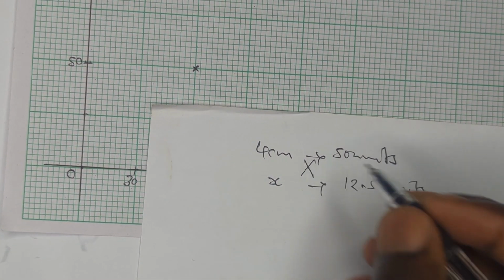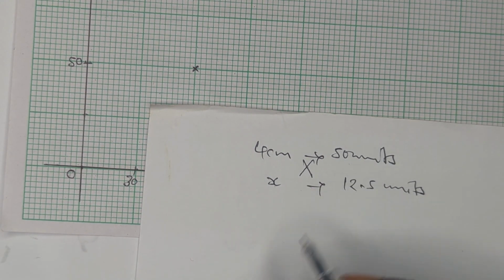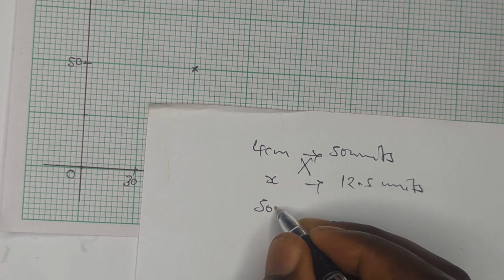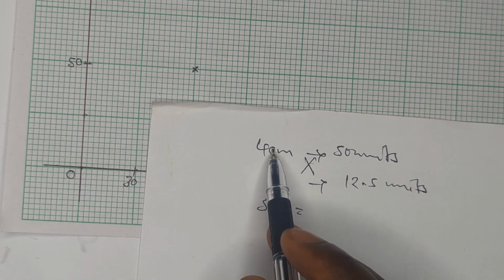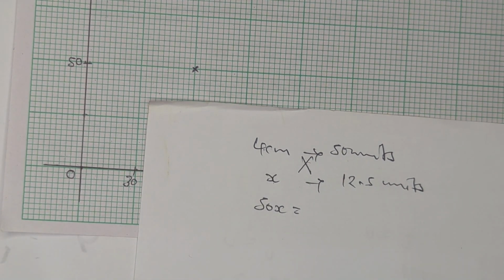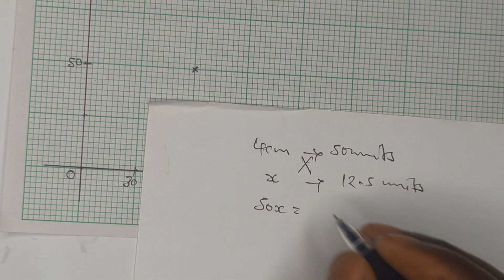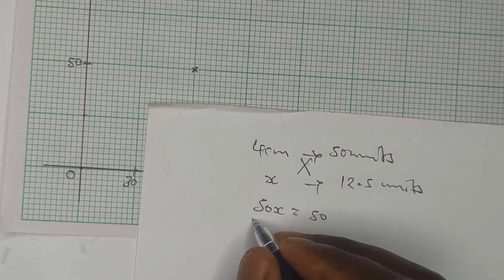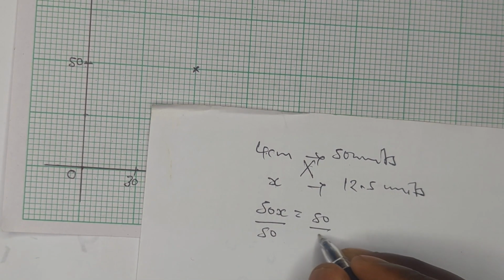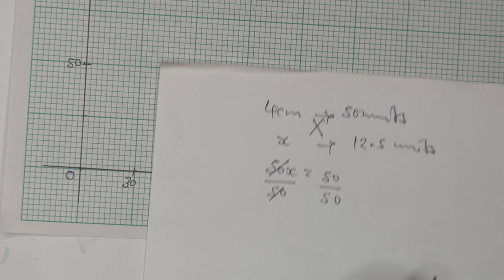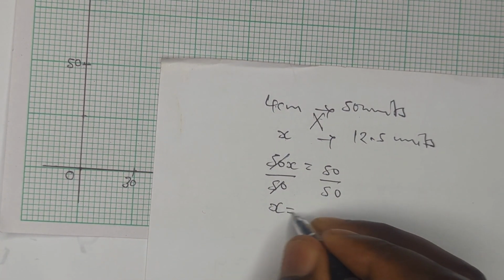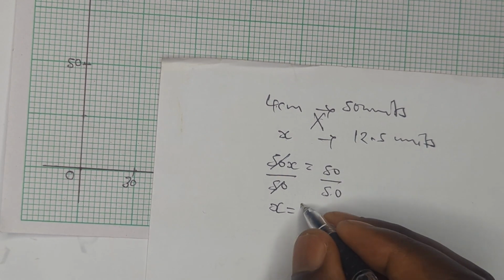So we cross multiply: 50x is equal to 4 multiplied by 12.5, all over 50. This 50 and this one cancel, and we remain with x. 50 into 50 is 1.